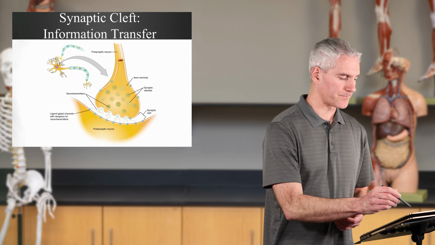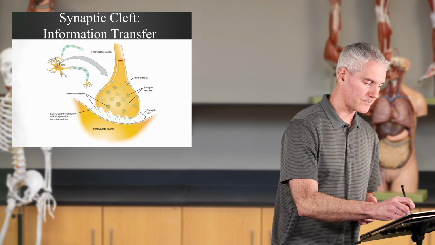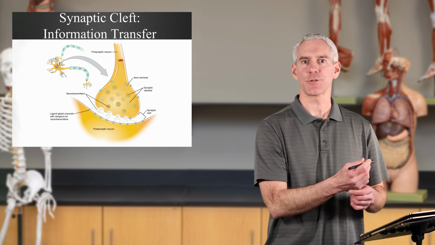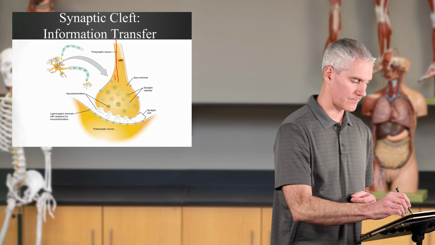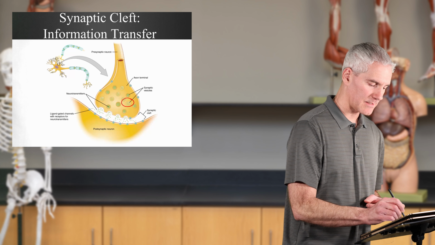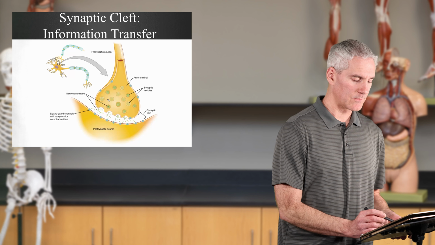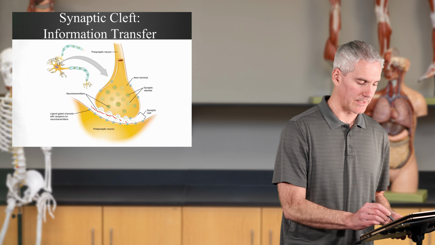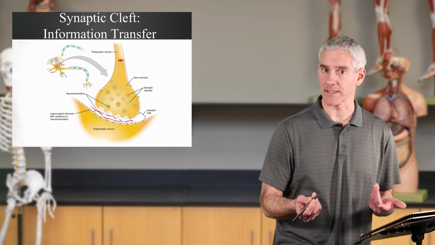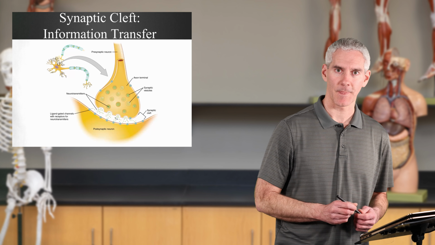So what we're seeing here, we have our presynaptic neuron. It's coming down, and let's say the action potential comes down. It's going to then trigger some of these synaptic vesicles, these circles, to go down and release the acetylcholine, or whatever neurotransmitter you pick, into this actual synaptic cleft.